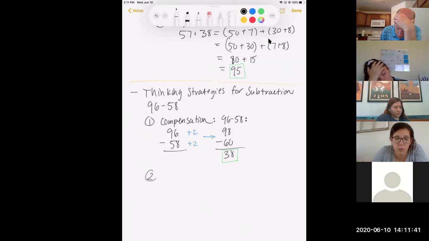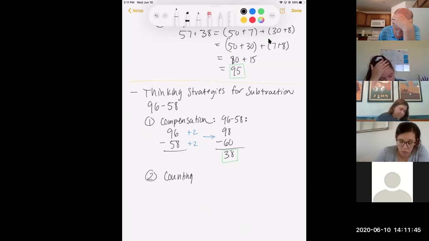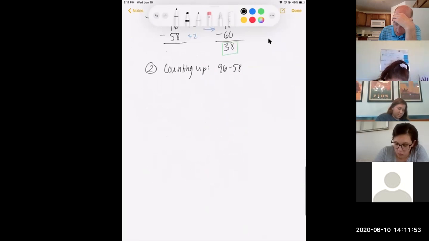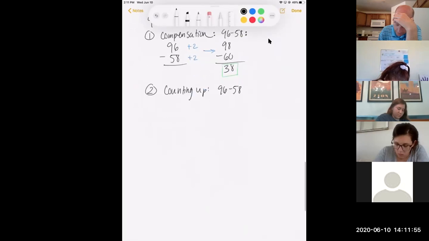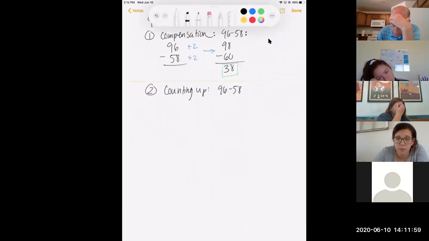Okay, number 2, counting up. We did this one last time a little bit. So for 96 minus 58, counting up. Does anybody remember how this one worked? How do I count up to find the difference?